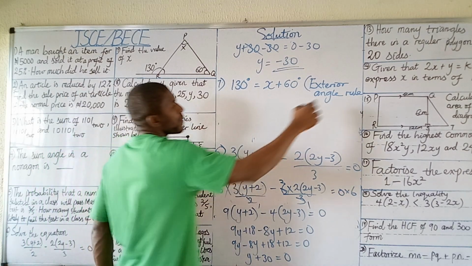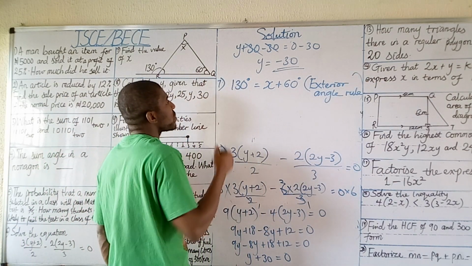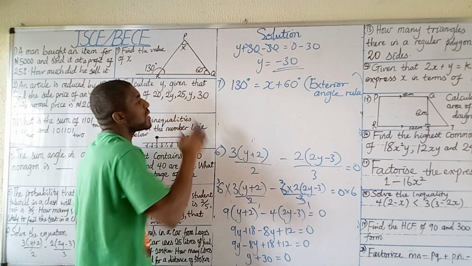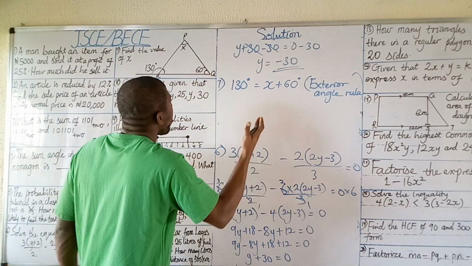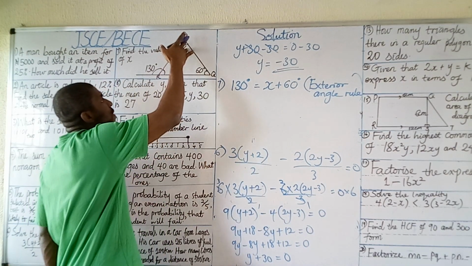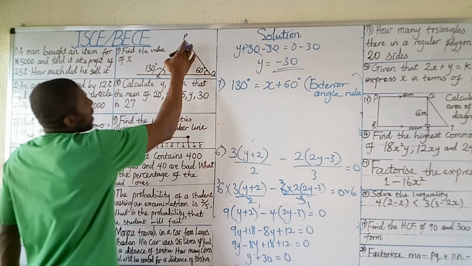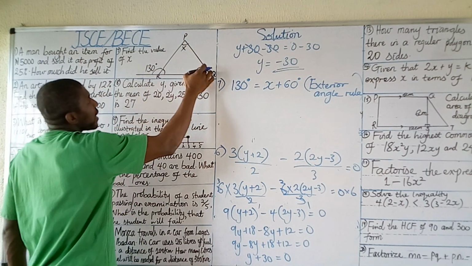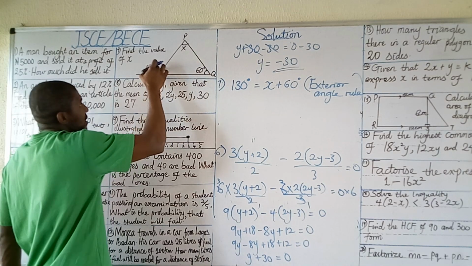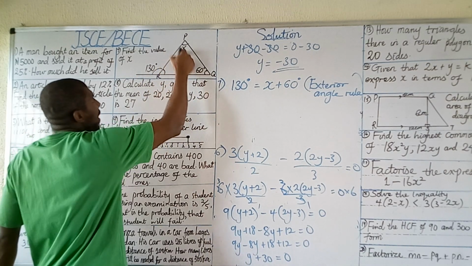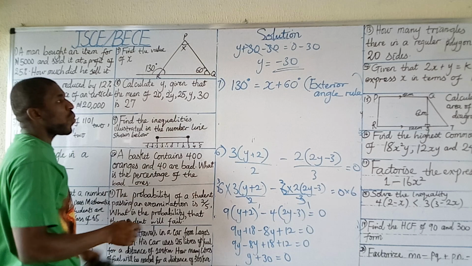What does the exterior angle rule say? It says that the exterior angle is equal to the sum of the two opposite interior angles. x is opposite to this, 60 is opposite to this. So the sum of x and 60 gives us 130.